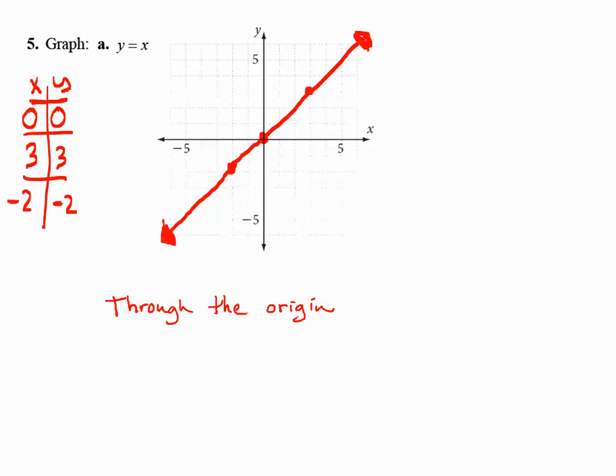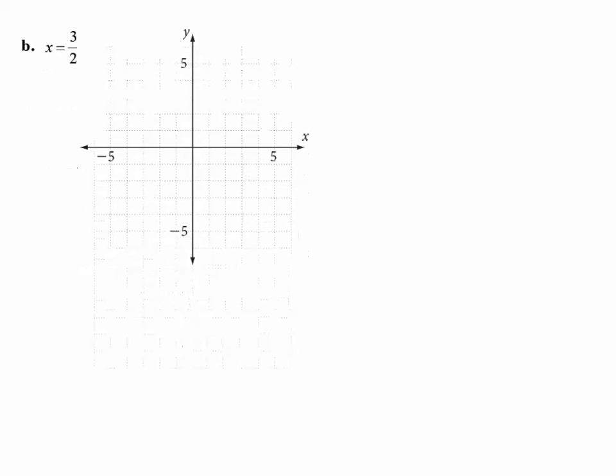Next one, of course I have to give you a fraction inside it. So notice we're trying to graph both x's and y's, but this time I just see an x. There's no y value here.